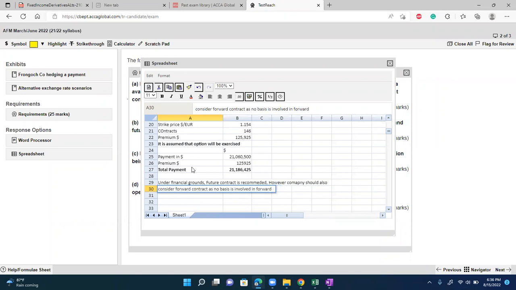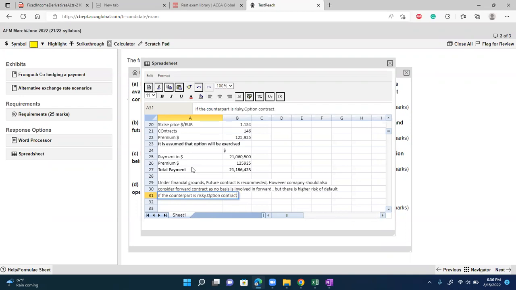But there is a higher risk of default if the counterparty is risky.